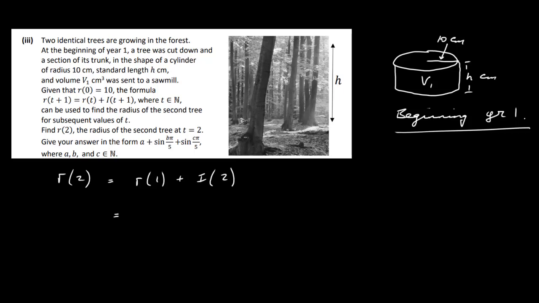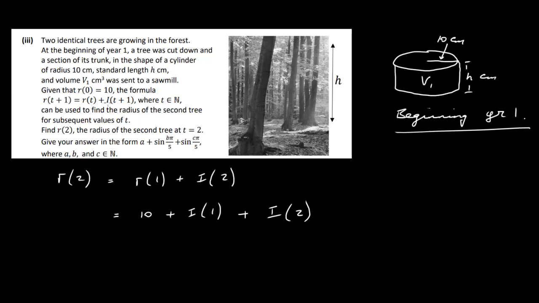Now R1, we're told, is just going to be 10 plus the increase during year 1 plus the increase during year 2. So what I've done here is I've just taken this bit here and written it out here. So this is the radius at the end of year 1. That's going to be equal to the original radius, R0, which we know is 10.